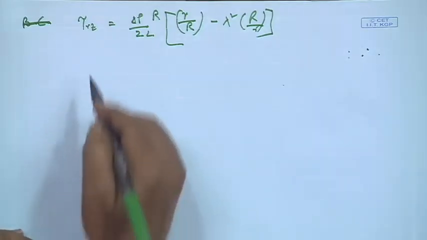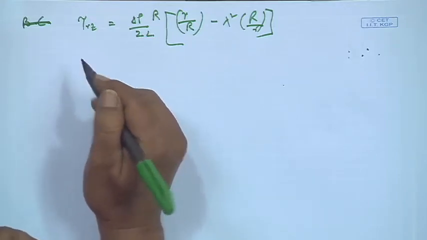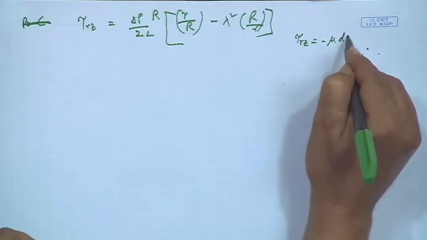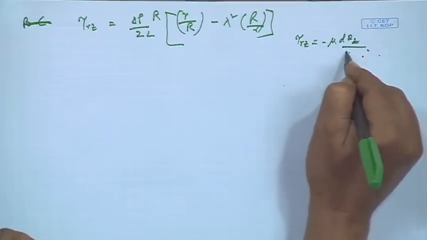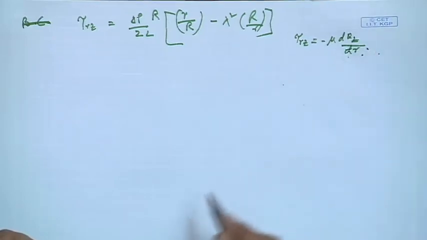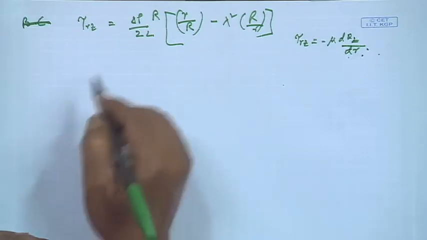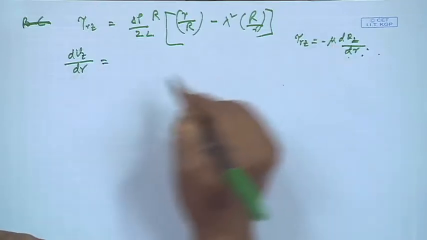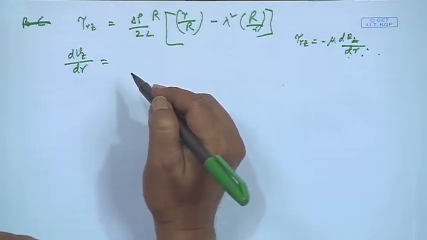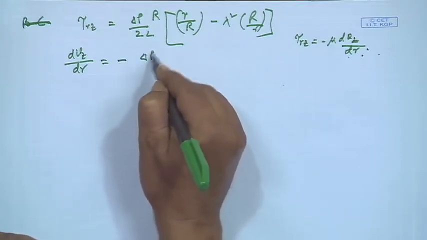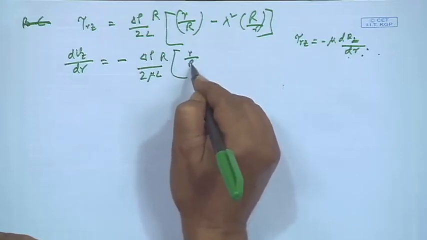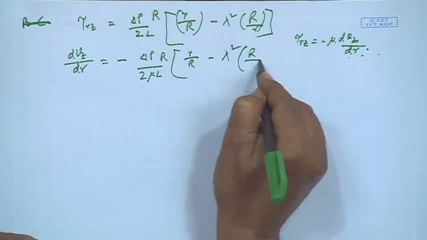If this is tau r z, then we can also say tau r z is defined as minus mu dVz dr. So, for dVz dr, we can substitute, and the negative goes there, and we can write this as minus delta p by 2 mu L into r by R minus lambda square R by r.